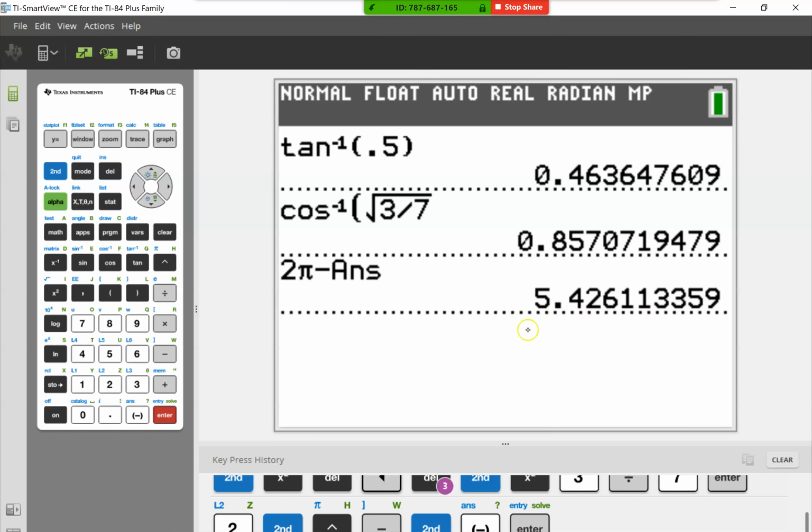You would use the 5.4261 for that. My guess is it's going to make you do the decimal. However, if you just typed in 2 pi minus the other decimal, it would probably just tell you that your answer is not simplified or something, because it should recognize that it's the right number. It just wants you to round it instead. But to be safe, it's easier to put the 2 pi minus that in your calculator quickly.